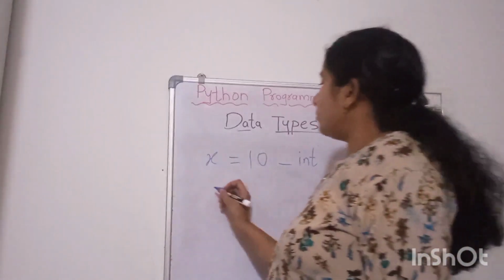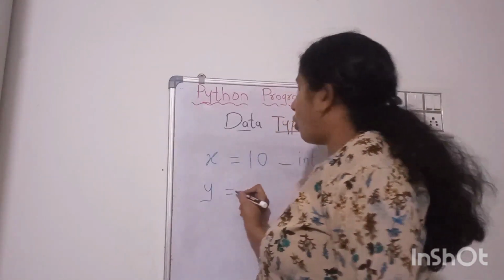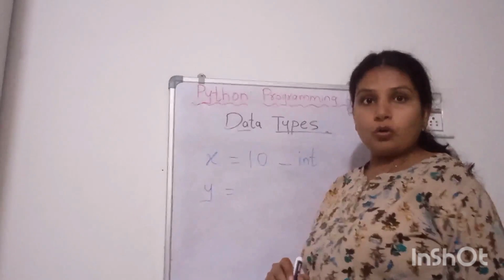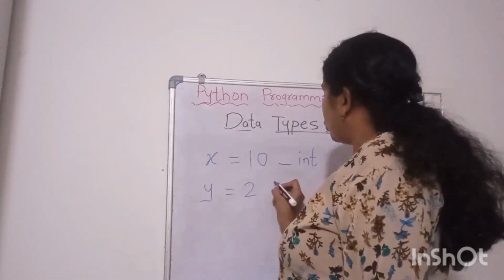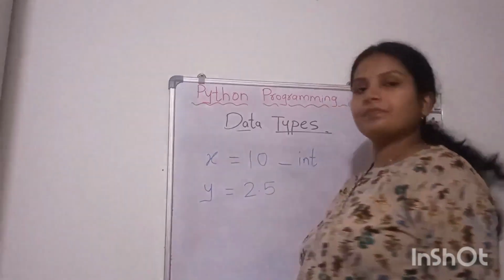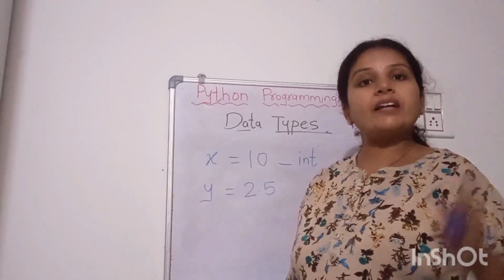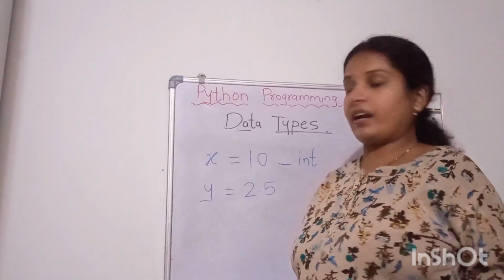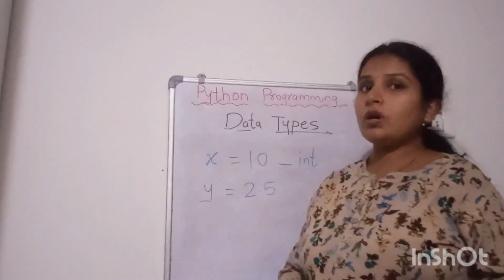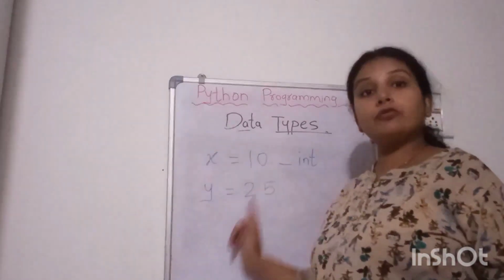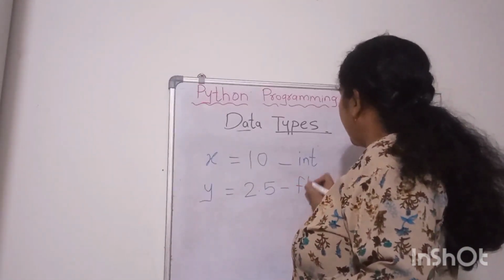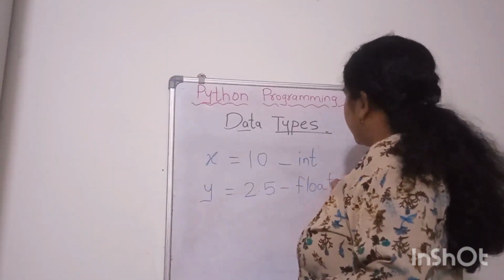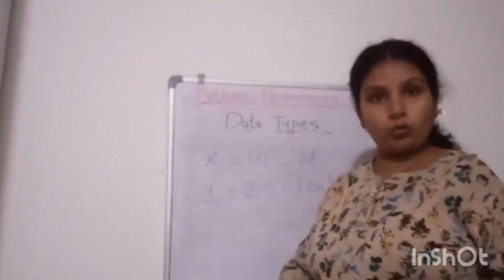I am taking another variable called y, and for this y I am assigning the value 2.5. The Python interpreter will understand that I am trying to give a float value to variable y. So the type of this y variable is float.